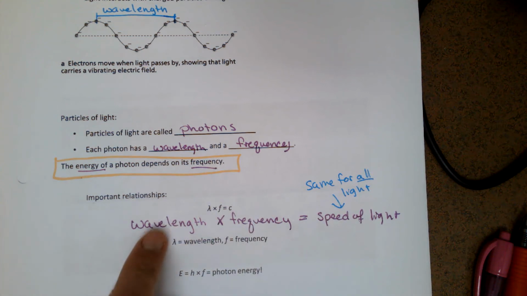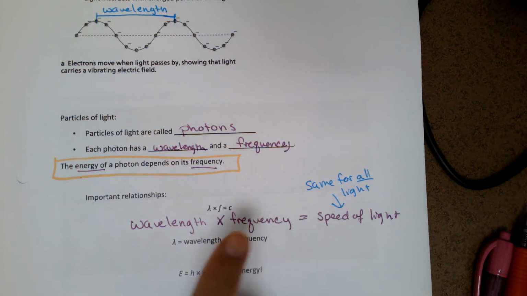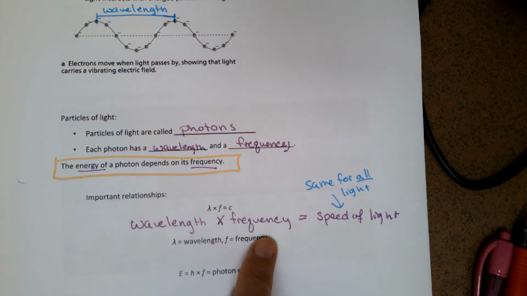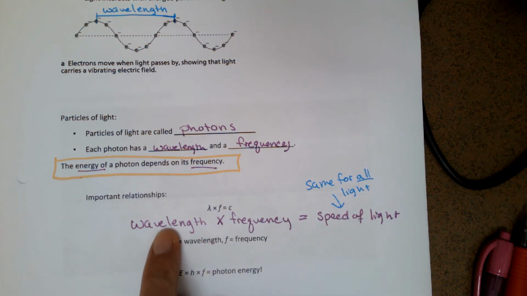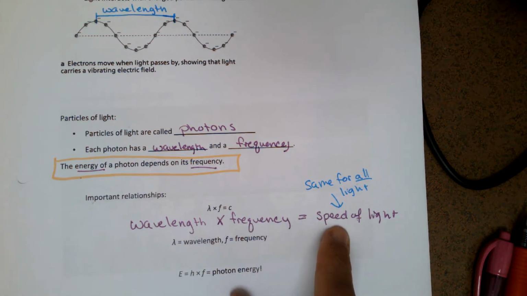So for example, radio waves have a long wavelength and are low frequency, whereas gamma rays have a very short wavelength and a really, really high frequency. But no matter what kind of light you're talking about, if you multiply that particular light's wavelength by its frequency, you'll always end up with the same speed of light.